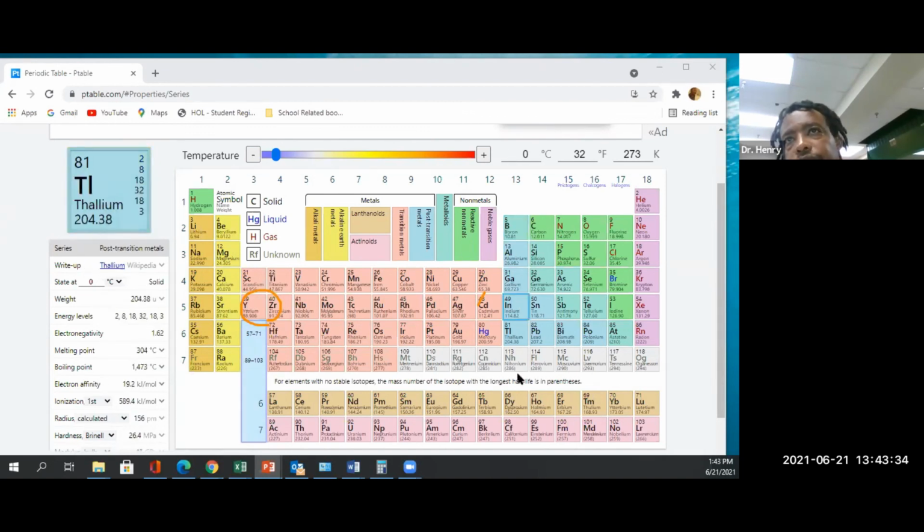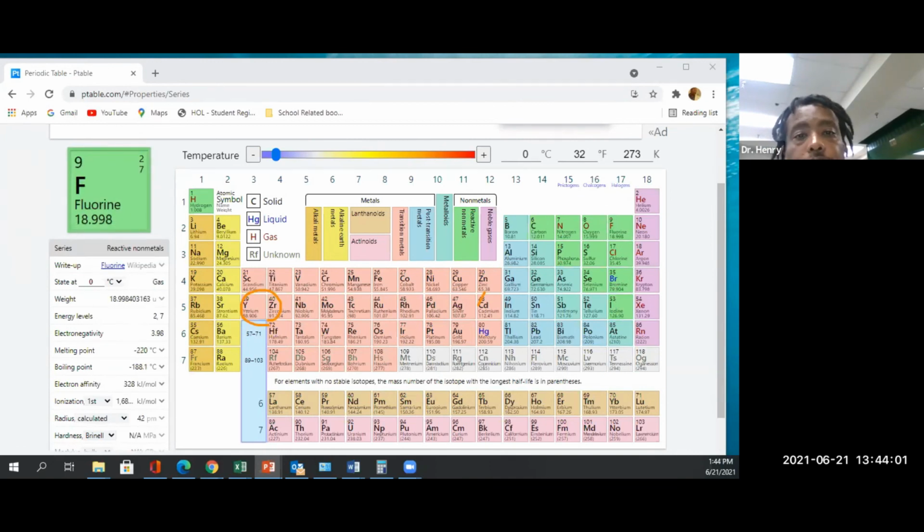Those in group 13 are going to have 3 dots. Those in group 14 are going to have 4 dots. Those in group 15 are going to have 5 dots, those in group 16, 6 dots, those in group 17, 7 dots. So basically they have 7 electrons that could be used for reactions, right?